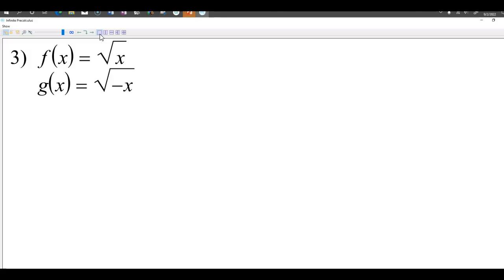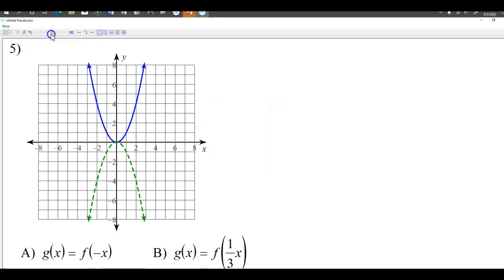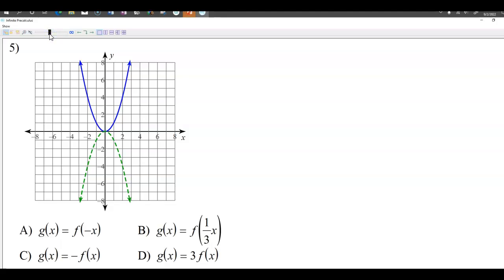Now here's another one that I'm going to ask you to be able to do. I'm going to give you a graph. Read the directions really quick, because they're a little confusing, but I want you to be familiar with them.